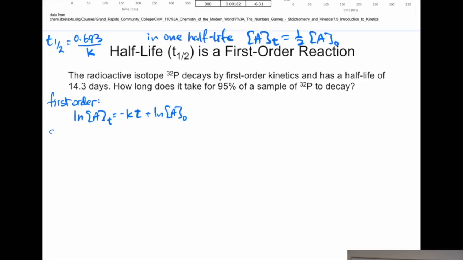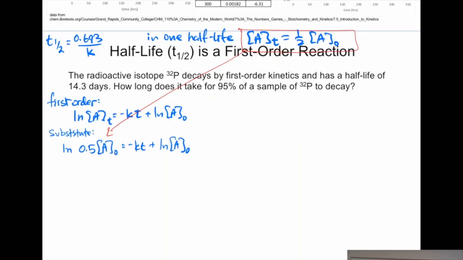So let's substitute. Instead of writing it as 1/2, I'm just going to write the natural log of 0.5 A initial is equal to minus kt plus the natural log of A initial. Into here. I just changed A sub t to 0.5 A sub 0.